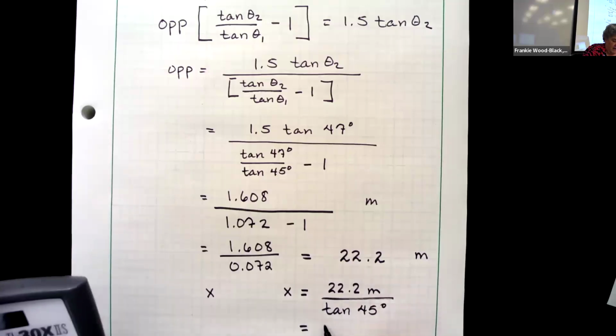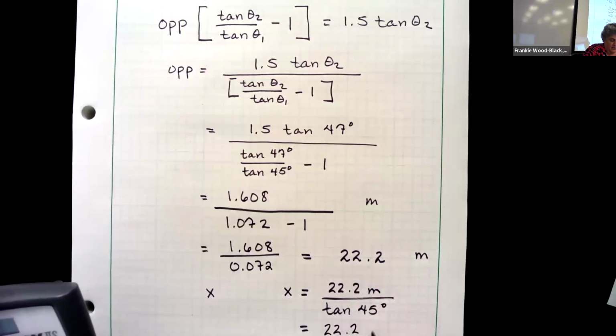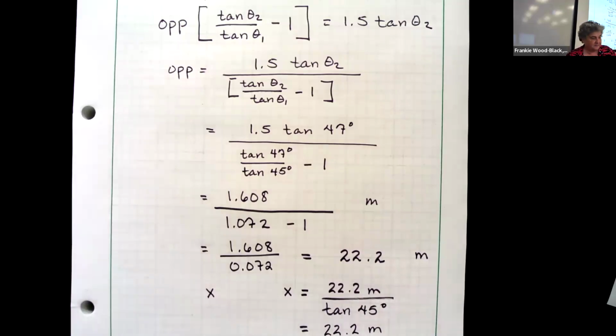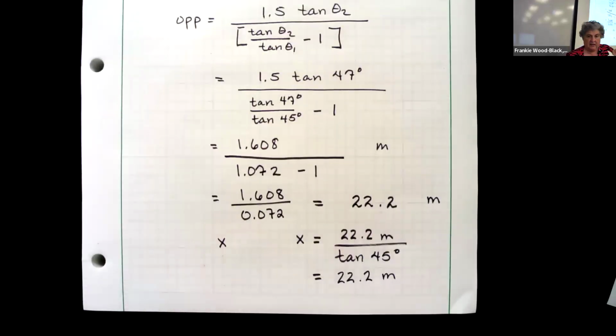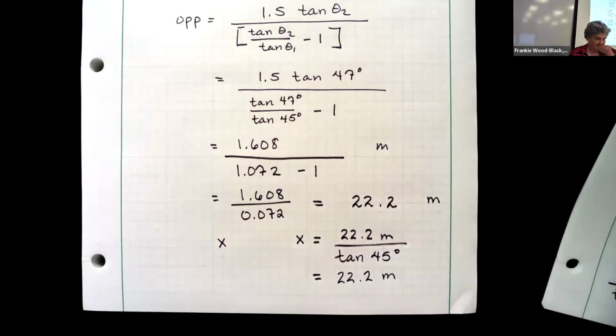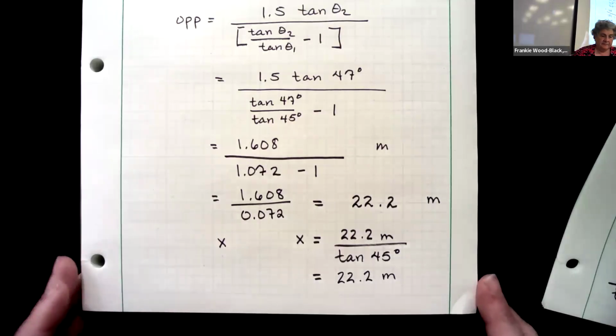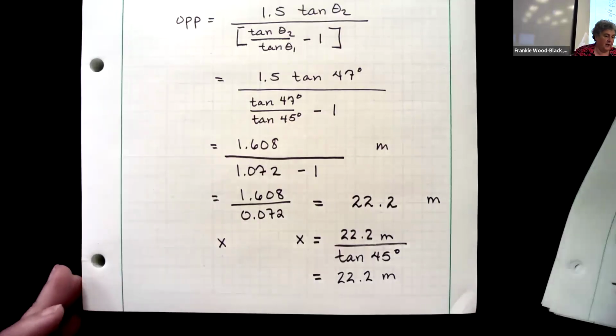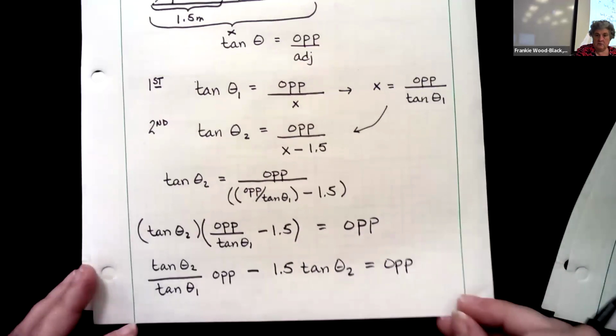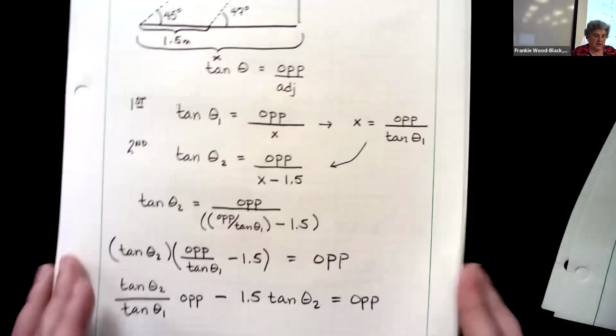And we were actually at about 22.2 meters away from the building. So you can actually do that. Okay, that's two equations, two unknowns, using our trigonometry.